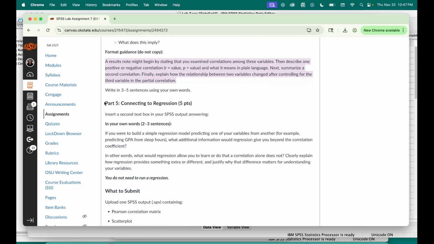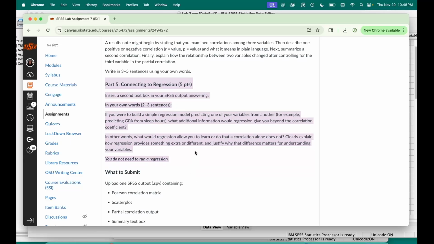And then part 5, as we already discussed, is really just more of a conceptual thought exercise, getting you to think critically about the difference between correlation and regression, and again, what regression adds in terms of prediction power, or however you want to put it. So what is regression?